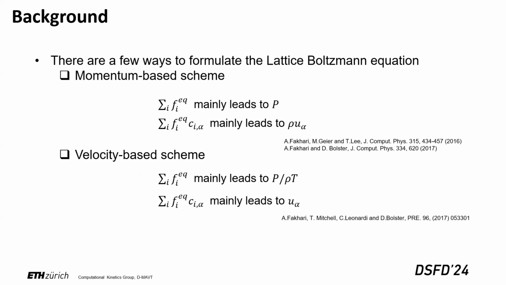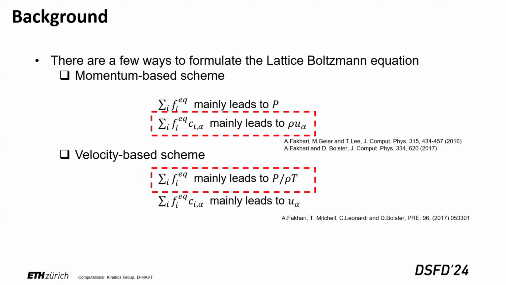One is the momentum-based scheme, published first, where the zeroth order moment of the equilibrium state leads to pressure, and the first moment of the equilibrium state is momentum. On the other hand, in the velocity-based scheme, the zeroth order equilibrium state is p over rho t, and the first moment is u, the velocity.